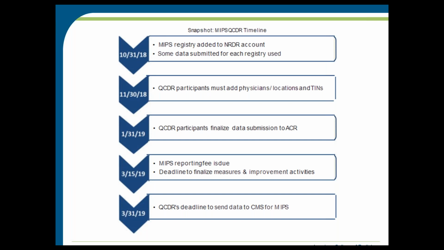It doesn't have to be a full year of data at that point. Just want to make sure you've submitted some files and that they're coming through correctly. Same goes for if you're submitting DIR data, GRID data, NMD, any ACR registry. If you're planning to use those measures for MIPS participation, make sure you've started submitting data by October 31st.